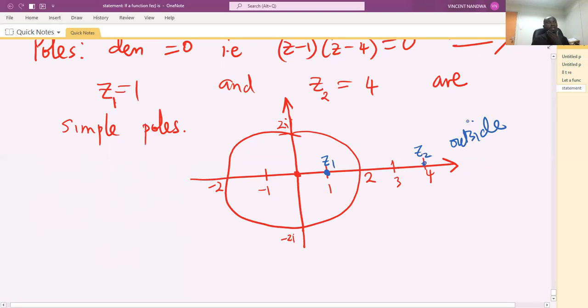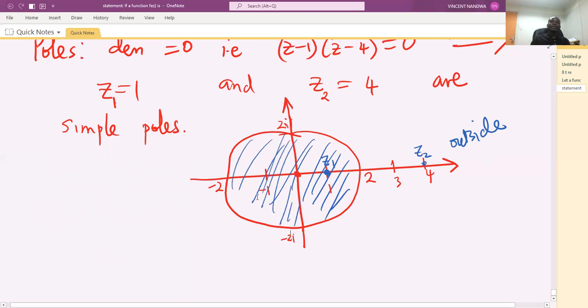What is outside, we don't care about, because the integral around that given pole, or any small circle drawn around that given pole, will be 0. So this is what we concentrate on, the one that is within the specified circle.